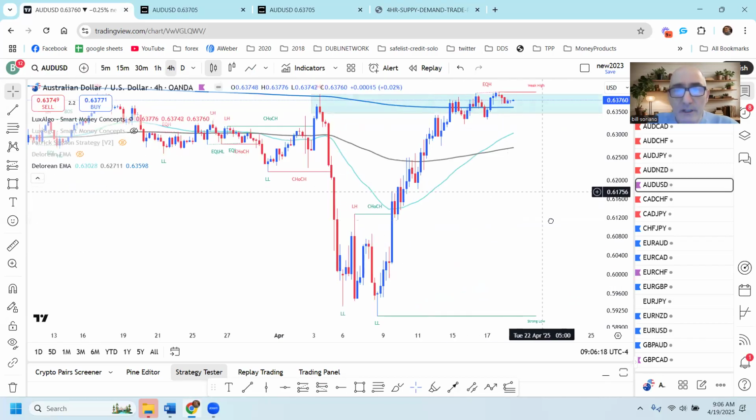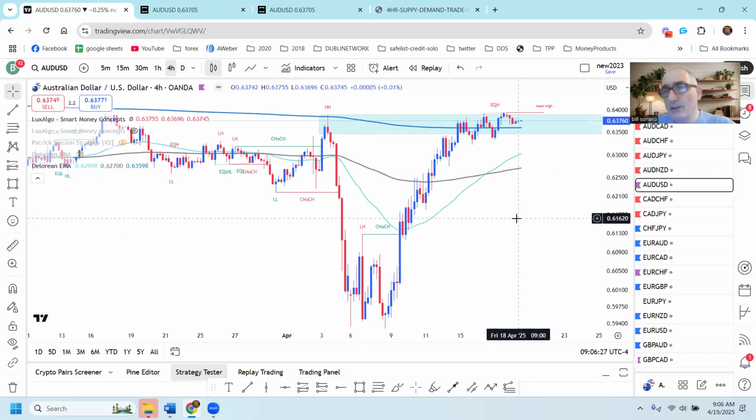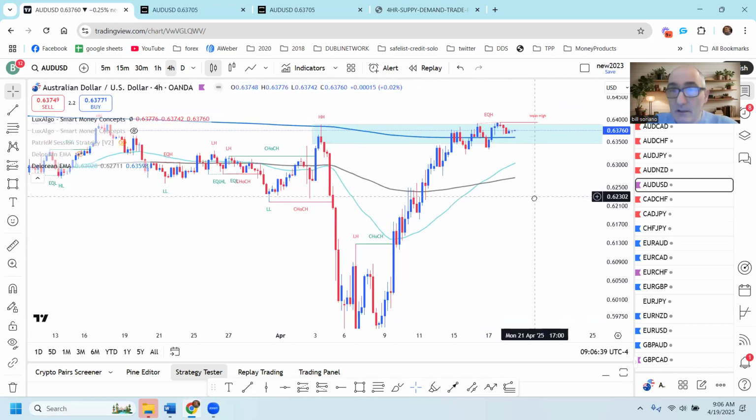And so here, what we had was price trending down. As you can see, this big move down, price was below the 800, the 50 was below the 200. I go over all this in the video. But then you can see as price was moving up into this, this was our initial 4 hour supply zone right here that the indicator gave us, okay?